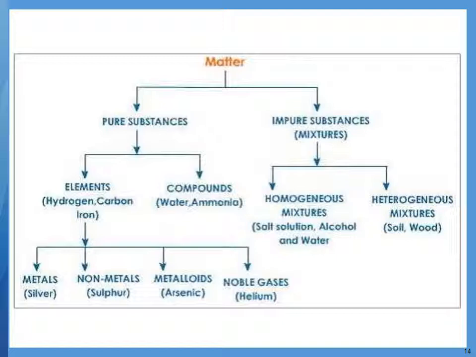There's metals, nonmetals, noble gases, different types of elements, but we'll focus on that in a couple of units from now. All right, and then impure substances can also be divided into homogeneous mixtures, which is something that looks the same throughout. So for example, if you put salt in water and you mix it, you won't be able to pull out the salt and the water separately.